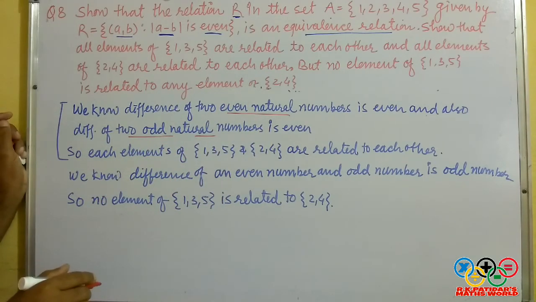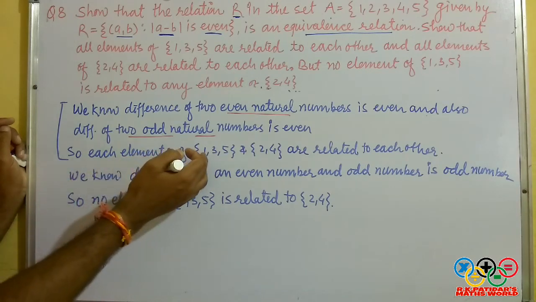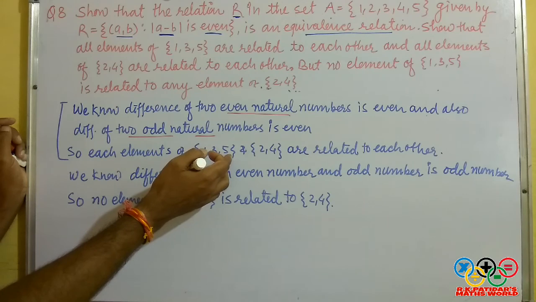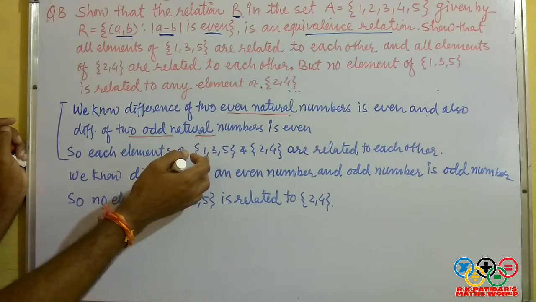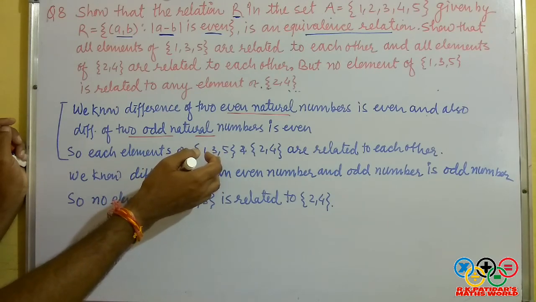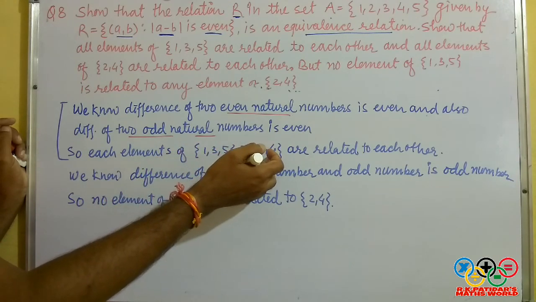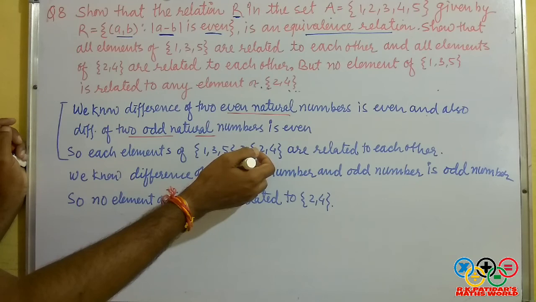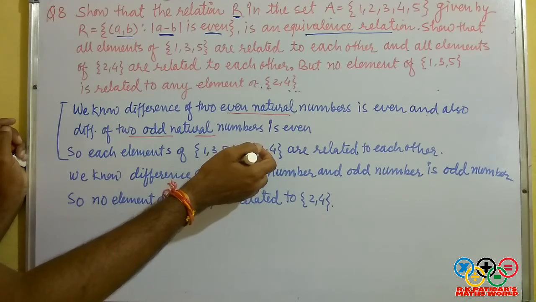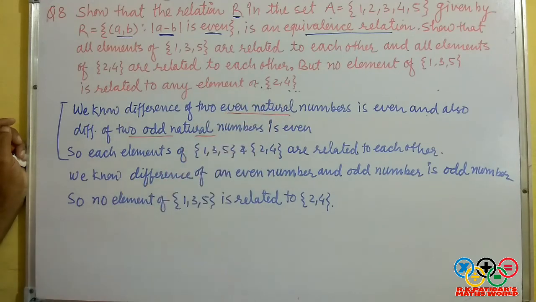If we take any two even numbers or any two odd numbers, their difference is always even. So these are all odd numbers, and the difference of odd numbers is even, so all these elements are related to each other. And for 2, 4, this is the set of even numbers, and the difference of any two even numbers is even. So again all the elements are related to each other.